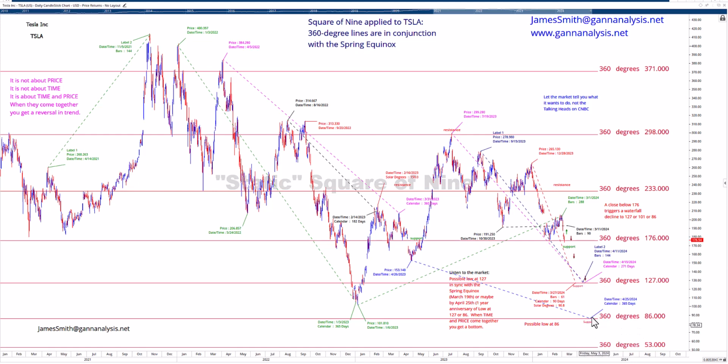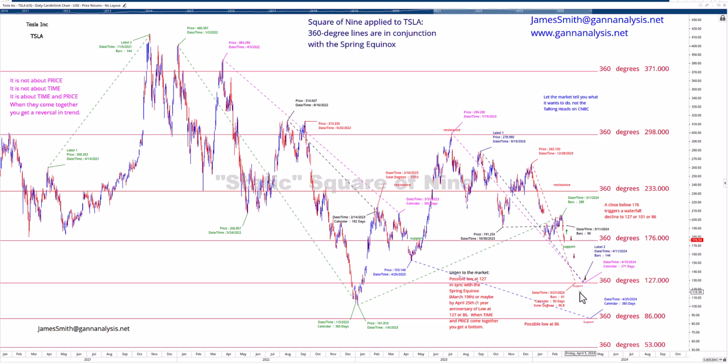Or it might be all the way down here. The 1 year anniversary of this low to this low would be April 25th, 365 days. So keep an open mind when it's going to bottom.